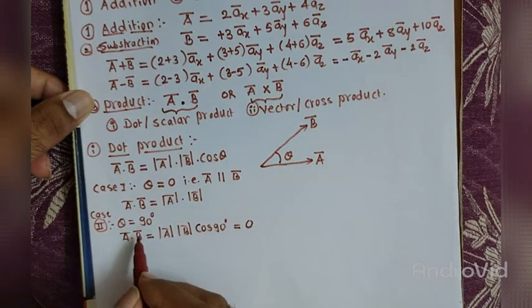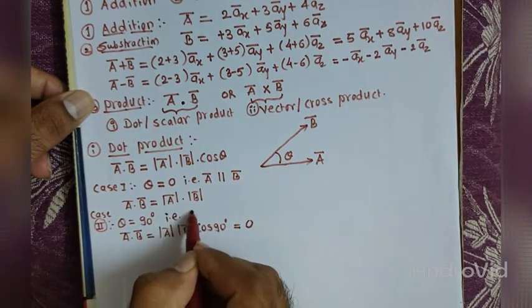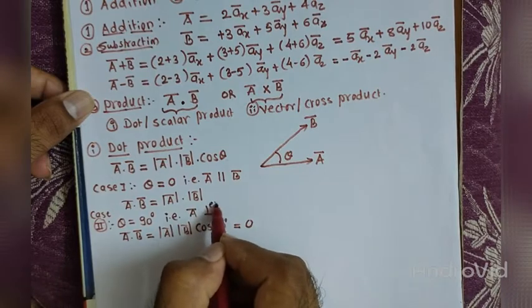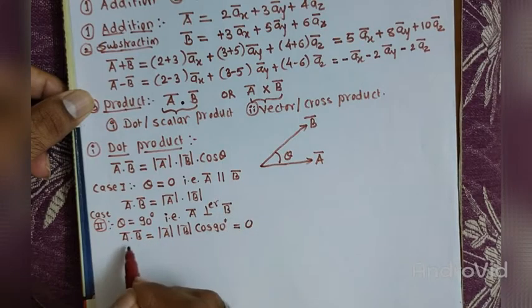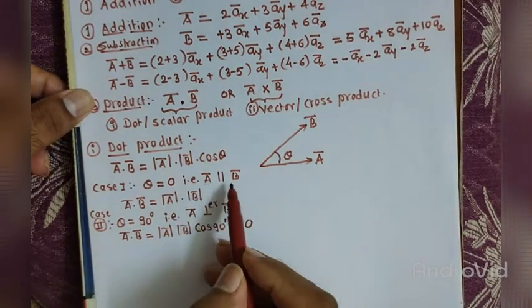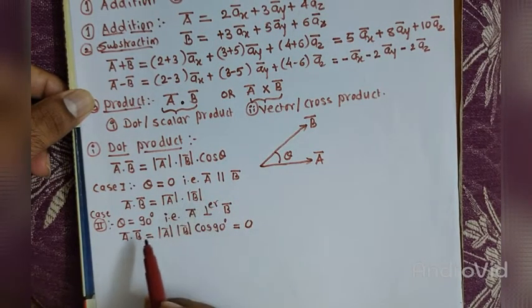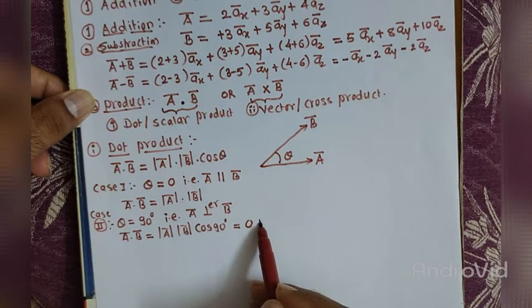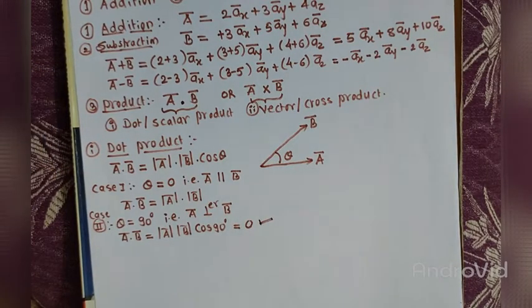So what do you mean by theta is equal to 90 degrees? It means a bar is perpendicular to b bar. So when the two vectors are perpendicular to each other, then their dot product is 0. Please keep it in your mind: when two vectors are parallel to each other, then a dot b is equal to mod a mod b, and when the two vectors are perpendicular to each other, then their dot product is 0. So whenever the dot product is 0 between two vectors, it means these two vectors are perpendicular to each other. So this is case 2.